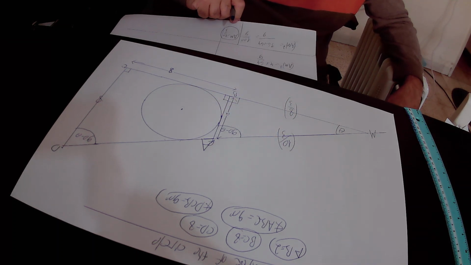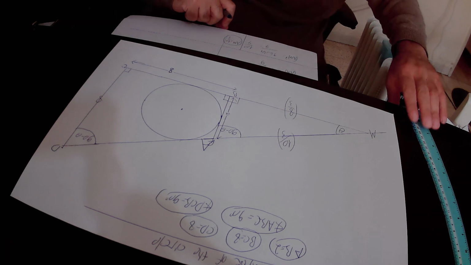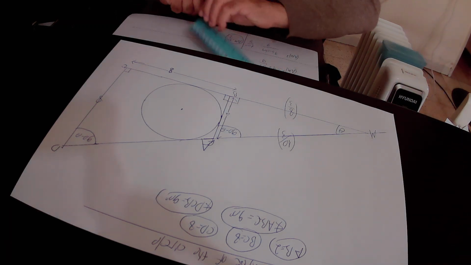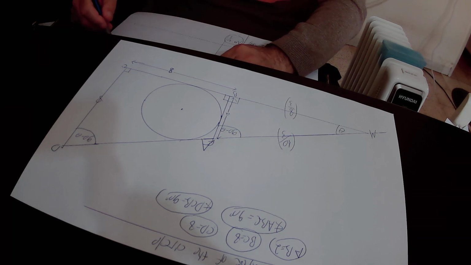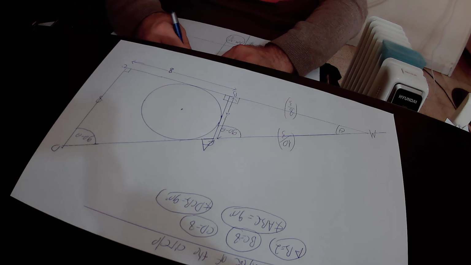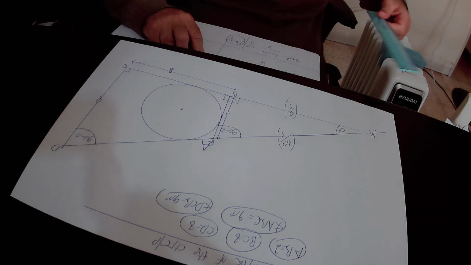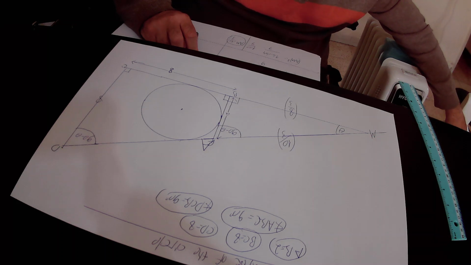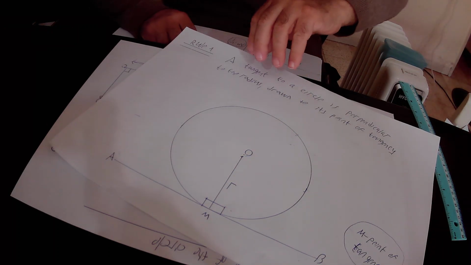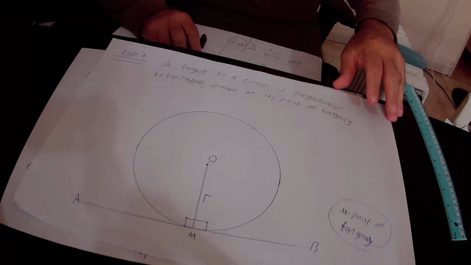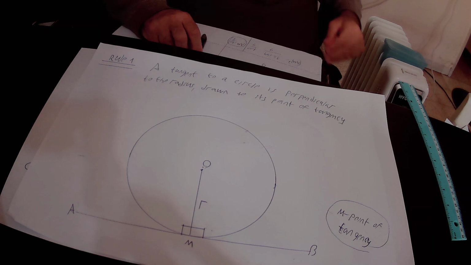In the next step, I present to you rule number 1 and we'll implement rule number 1 in our drawing. According to rule number 1, the tangent to a circle is perpendicular to the radius drawn to its point of tangency.